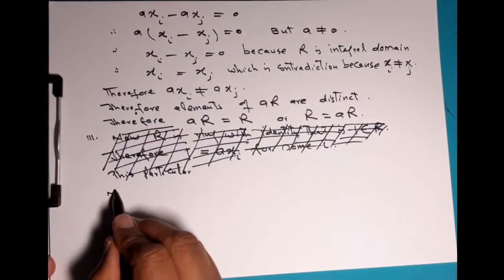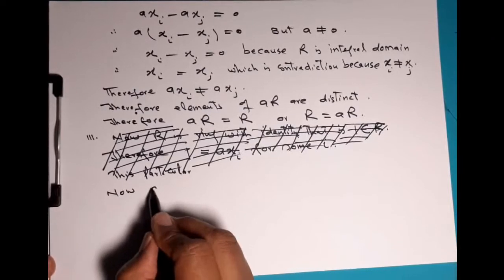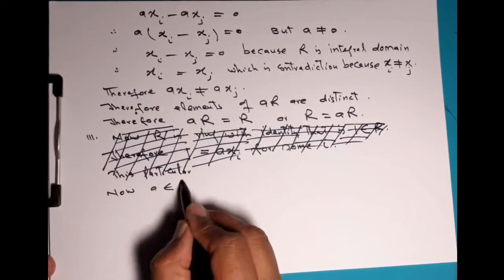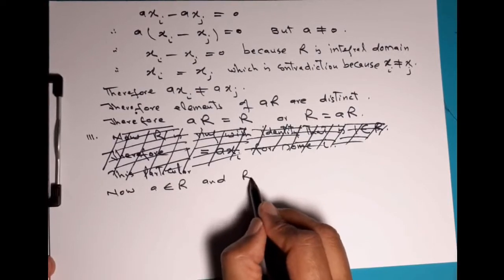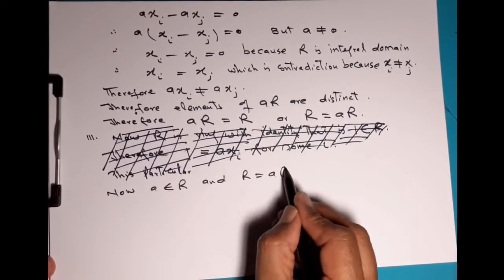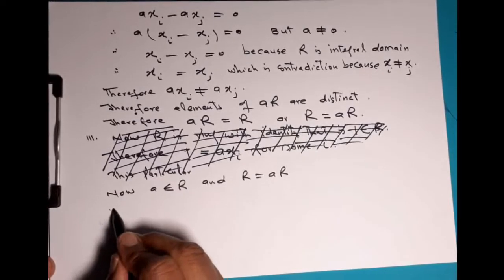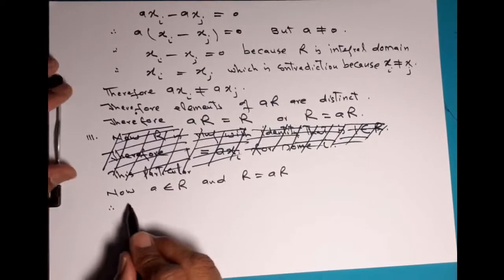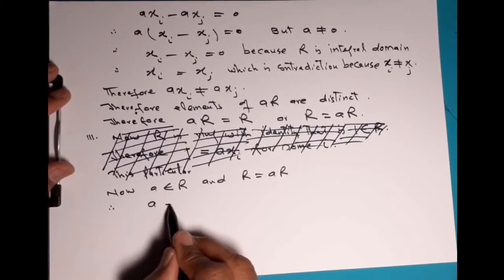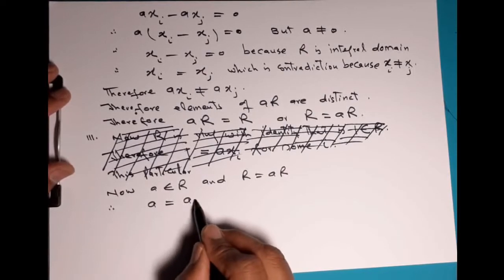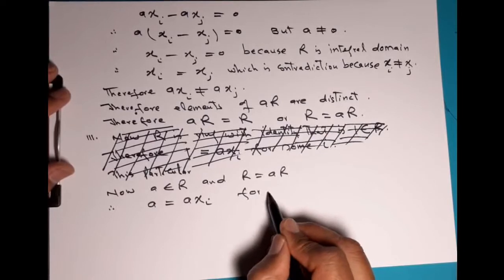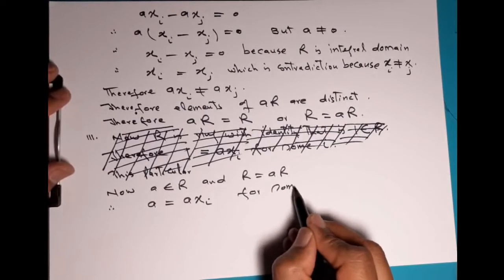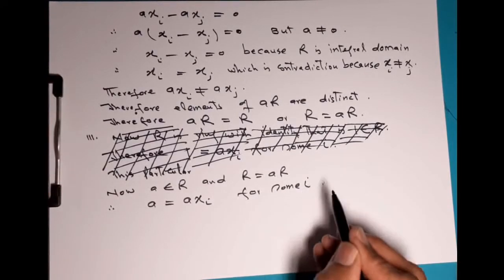Now, A belongs to R and R is equal to AR. Therefore, A is equal to AXI for some I. So this is what we had to say, for some I. Let me show you that.